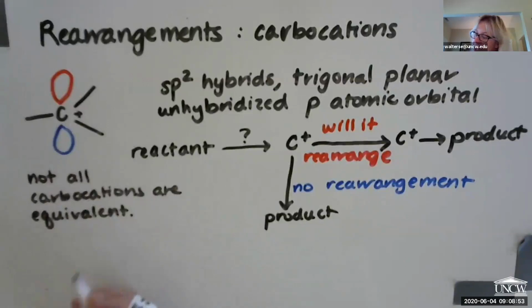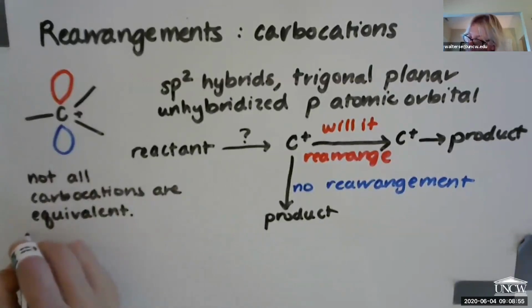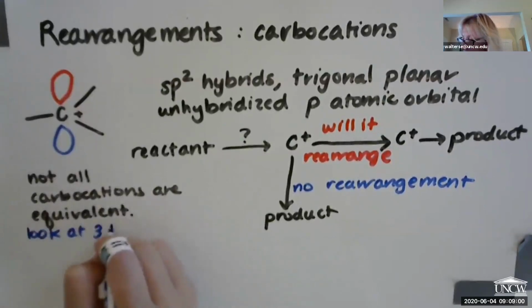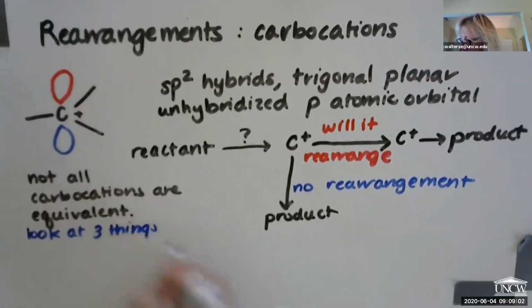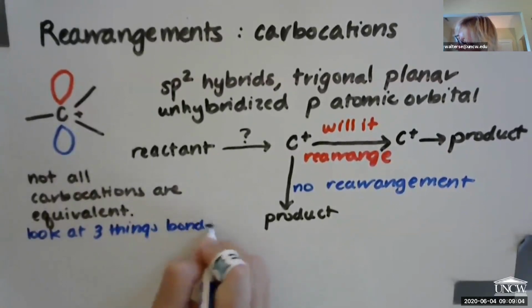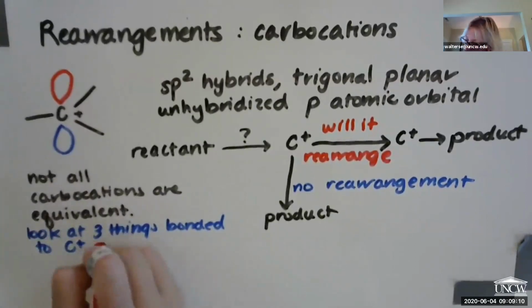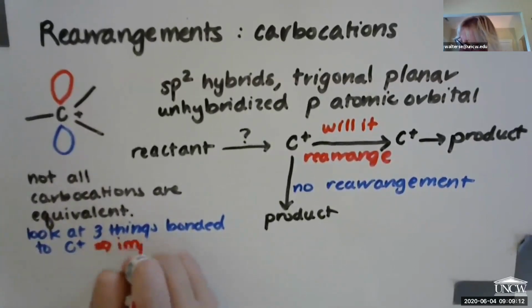But when we say that they're not all equivalent, we have to look at the 3 things bonded to the carbon. The identity of those things will impact stability.